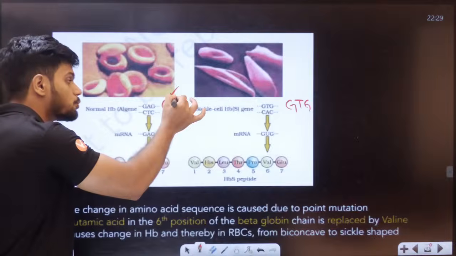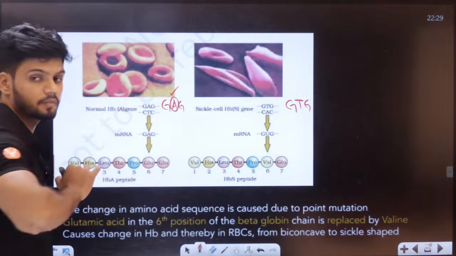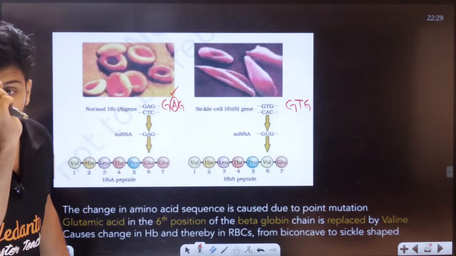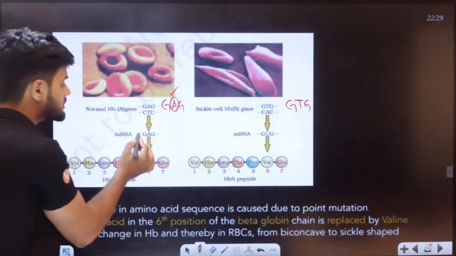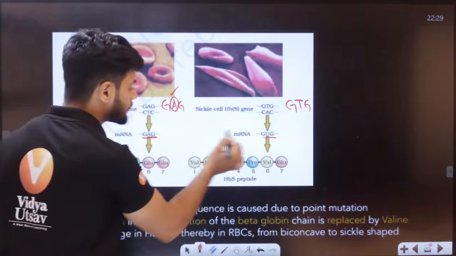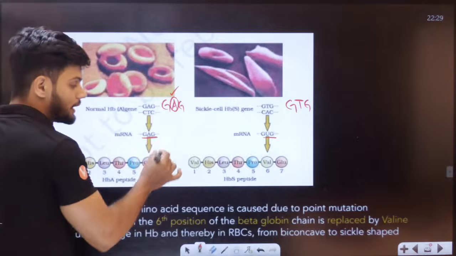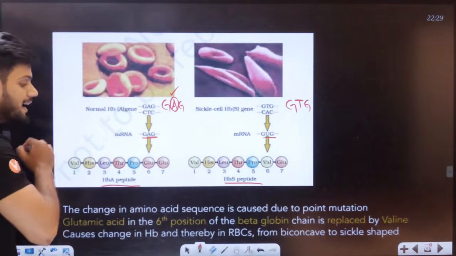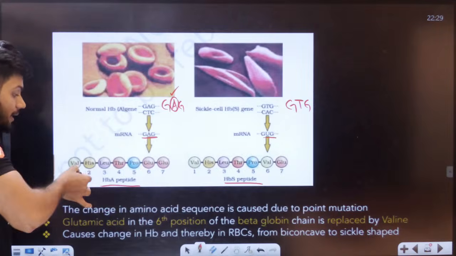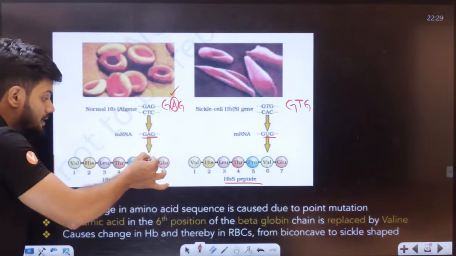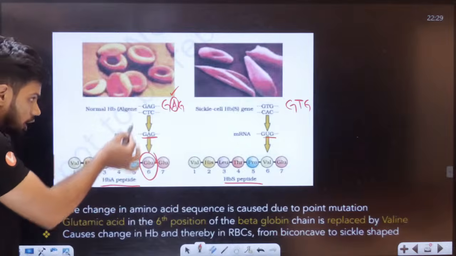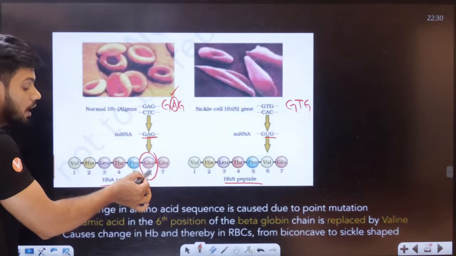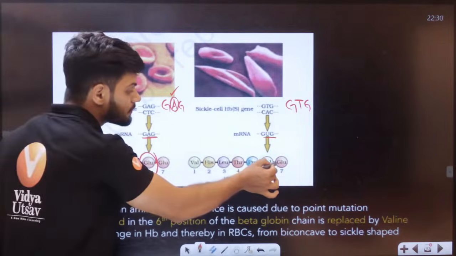Now because of this one point mutation, we see the mRNA changing. GAG becomes GUG. If the mRNA is changing, the hemoglobin peptide chain is changing. In the beta globin chain, at the 6th position, in normal condition we have glutamic acid. Glutamic acid is replaced by valine.